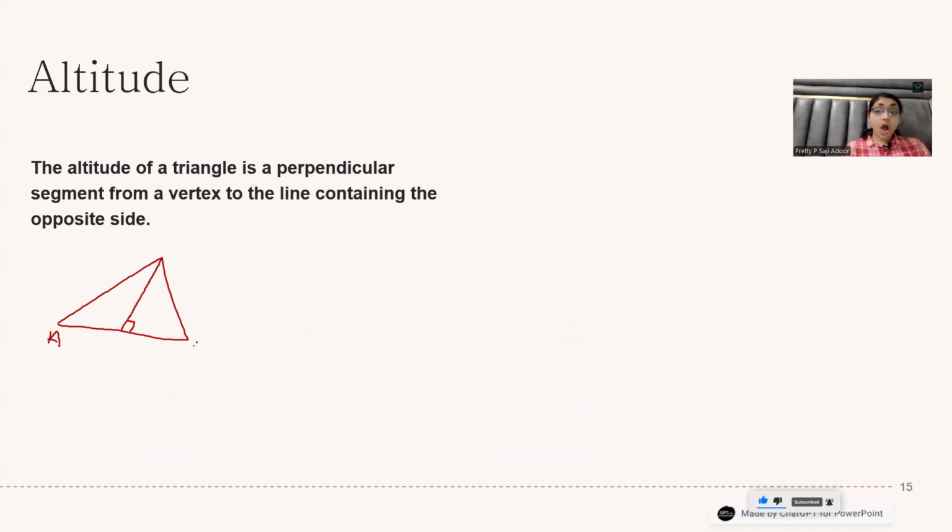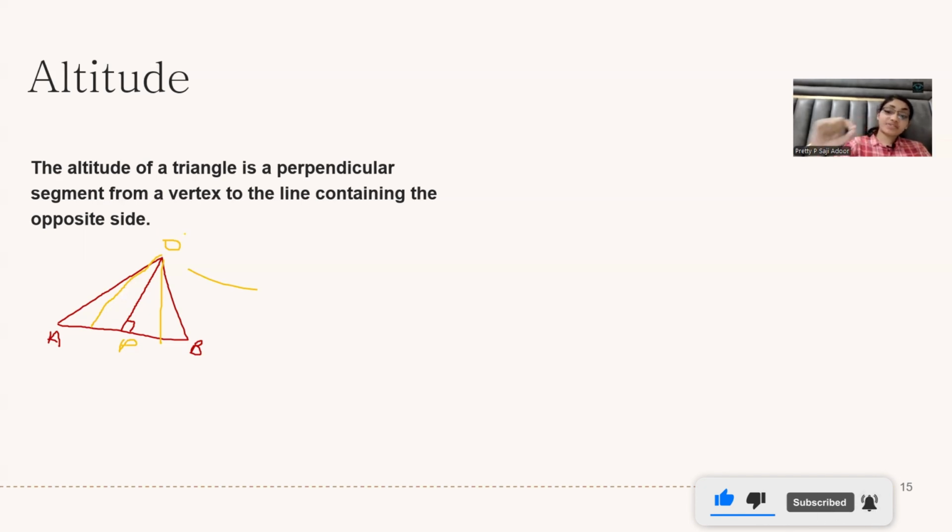Or simply we can say one more thing: it is the shortest length from the vertex to the opposite side. Because whenever we draw any other line, it will be much greater than OP. OP is the shortest distance from the vertex to its opposite side.